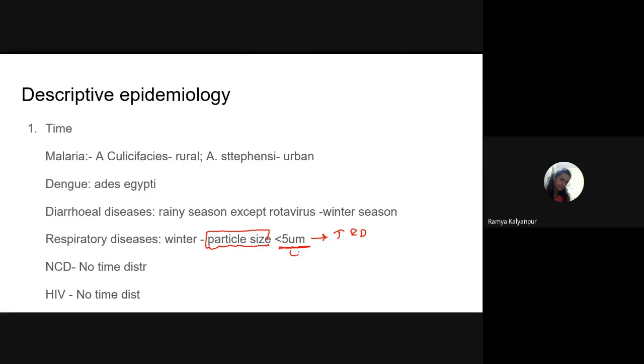And another important question is, what is the minimum distance for transmission of respiratory diseases? So here one fellow is there. Now another fellow is also standing here. Now can this fellow get this respiratory disease? We don't know, but we need to know whether he will get it or not. How will we come to know?